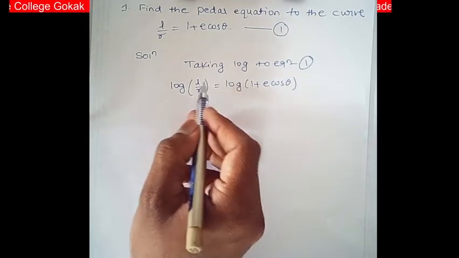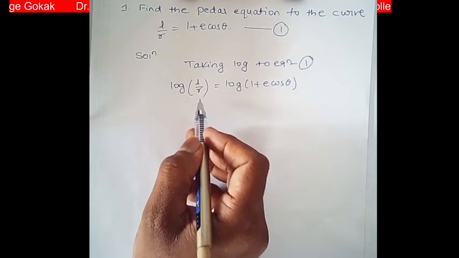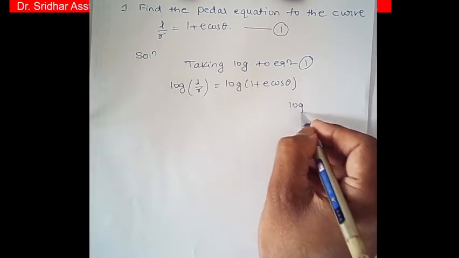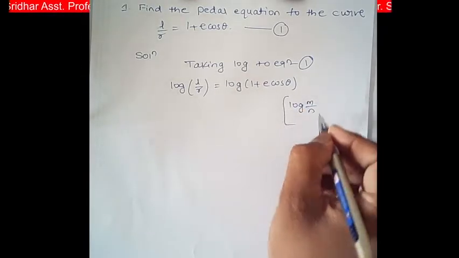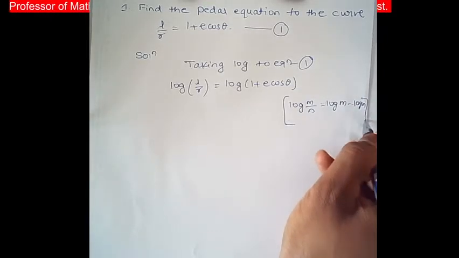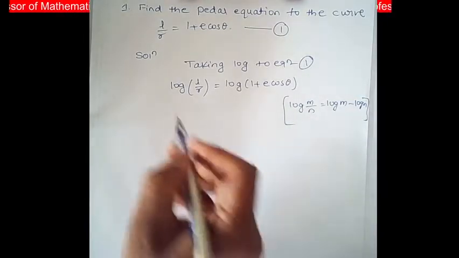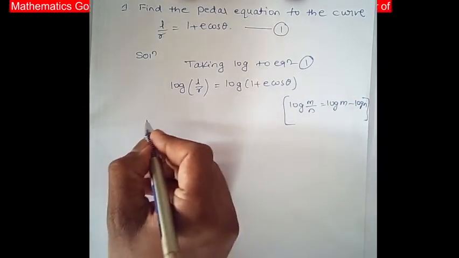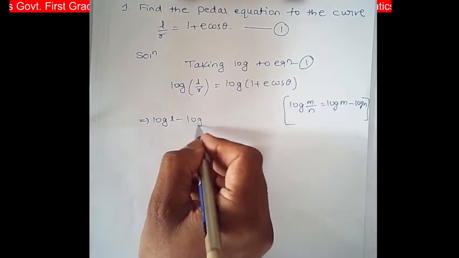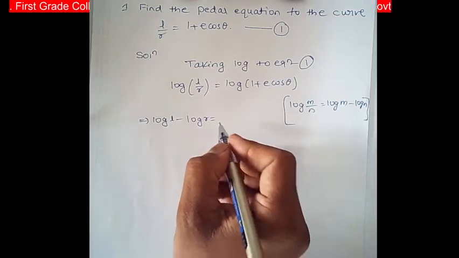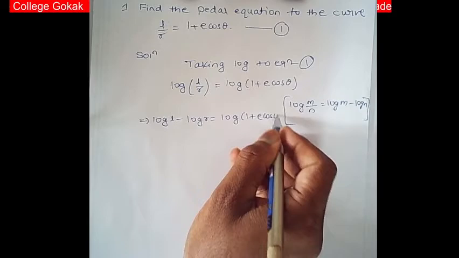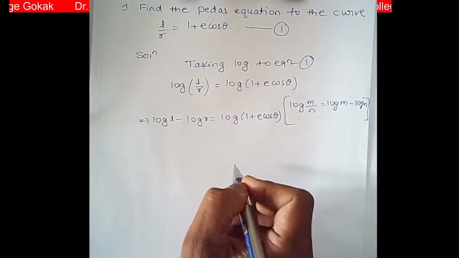Now this is nothing but log m by n, correct? So log m by n can be written as log m minus log n. So we write this as, which implies, log L minus log R is equal to log of 1 plus E cos theta.